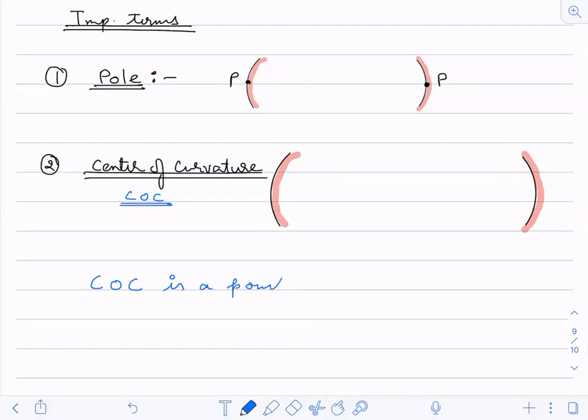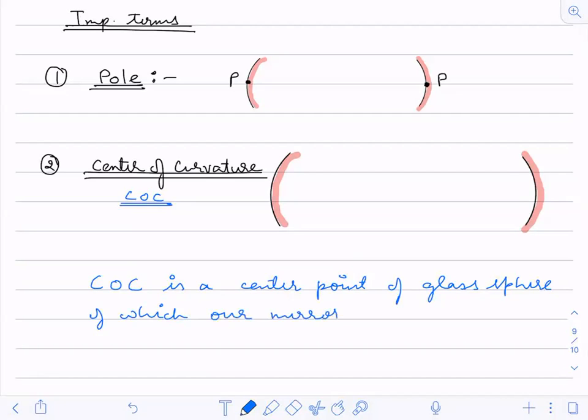It is the center point of the glass sphere of which our mirror is a part.